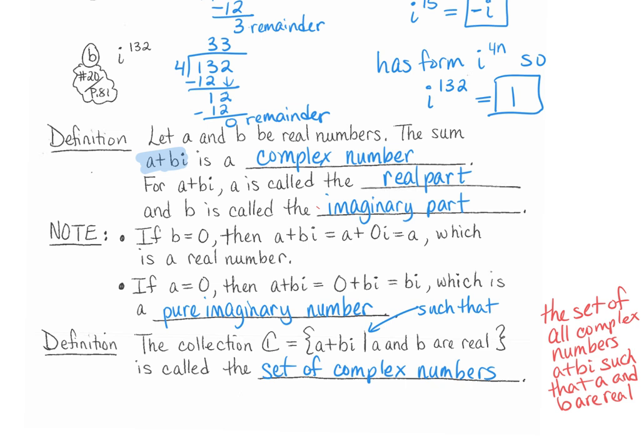That's how we translate that. So we can add, subtract, multiply, and divide complex numbers. That's what the rest of the section is about. How to do it.